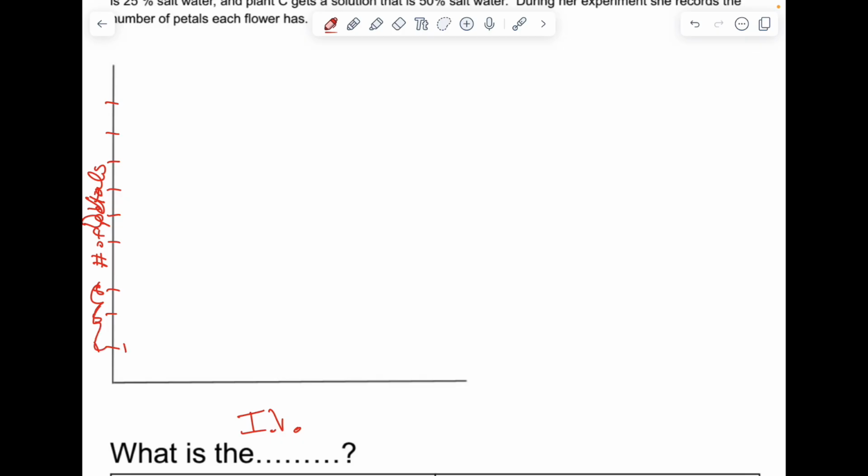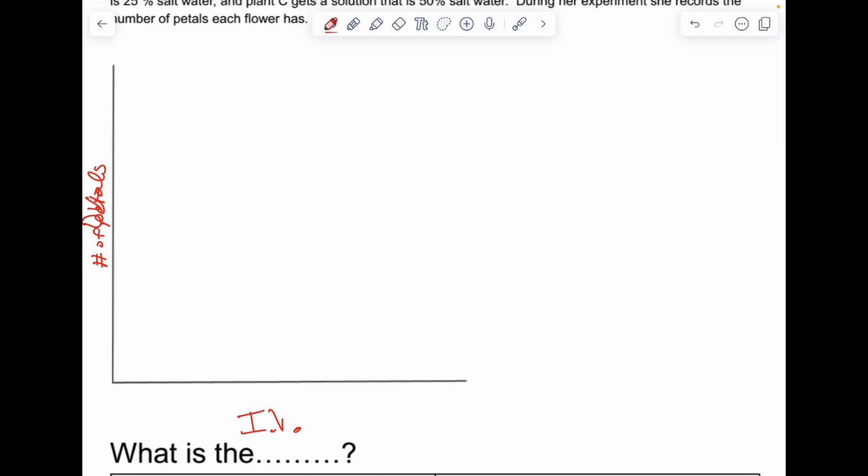So I could go 1, 2, 3, 4, or I could go 5, 10, 15, 20. But we don't want to be going up by uneven numbers. We want to always go up by the same amount. So don't go 5 and then 8 and then 9 and then 15. That would not be a good scale there.